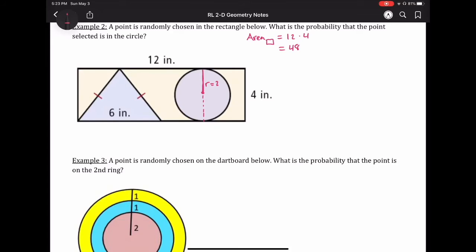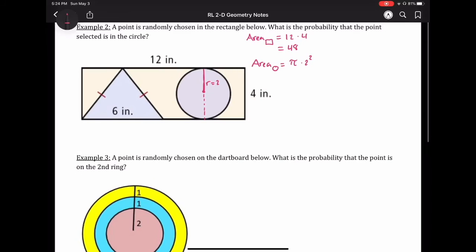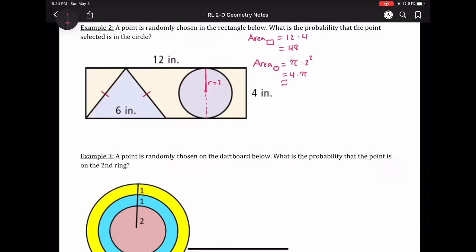So now I can go ahead and find the area of my circle. Area of the circle is equal to pi times the radius, which I found to be 2, squared. 2 squared is equal to 4, so I have 4 times pi, which when I calculate that out, and I did use the pi symbol on my calculator, 4 times pi is about equal to 12.57.